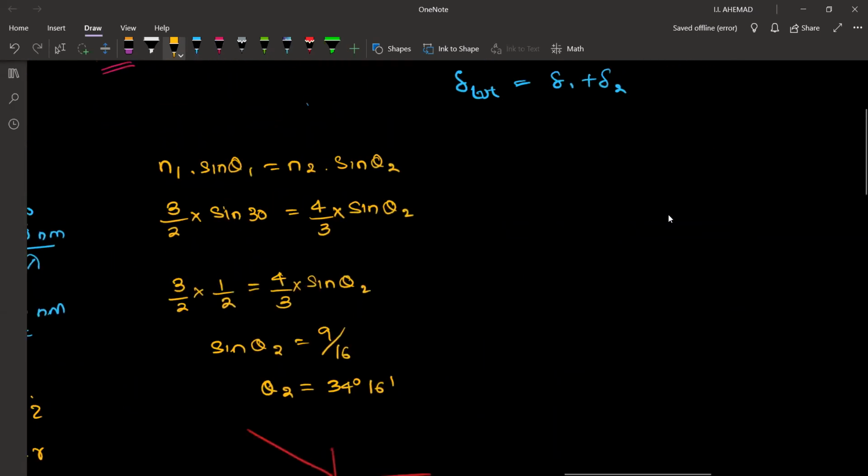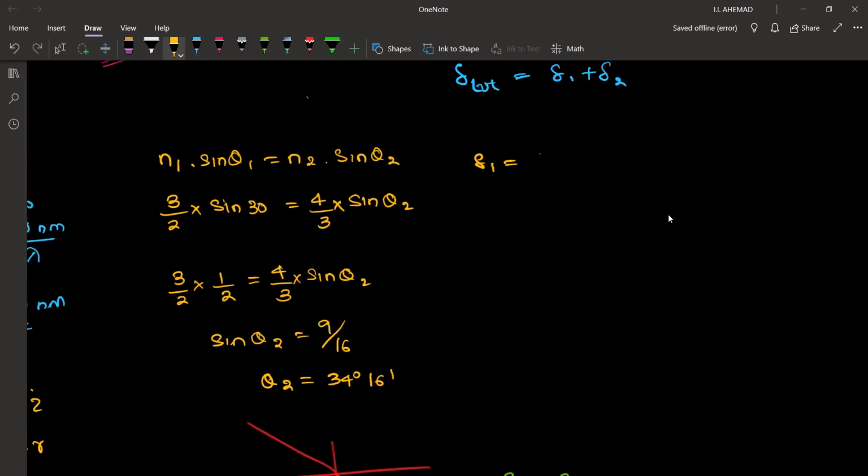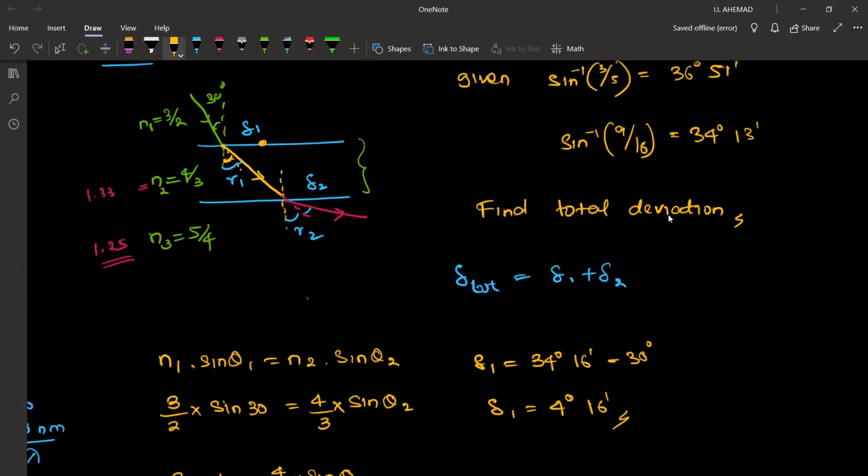Then delta 1 is equal to... Now, what can you tell about this angle?